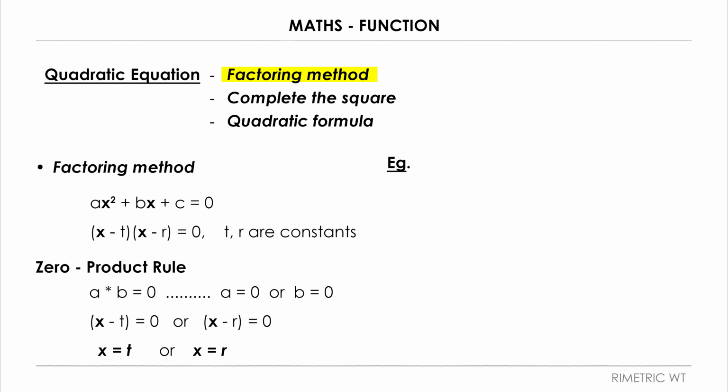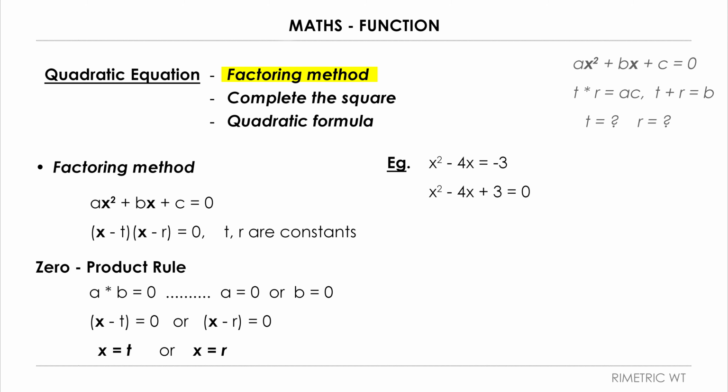Here we have an equation x squared minus 4x equals negative 3. Let's try to solve this with the factoring method. To solve by factoring, first we express the equation as ax squared plus bx plus c equals 0. Then we find the two numbers that give ac when they're multiplied and give b when they are added. Here, our equation will be x squared minus 4x plus 3 equals 0.